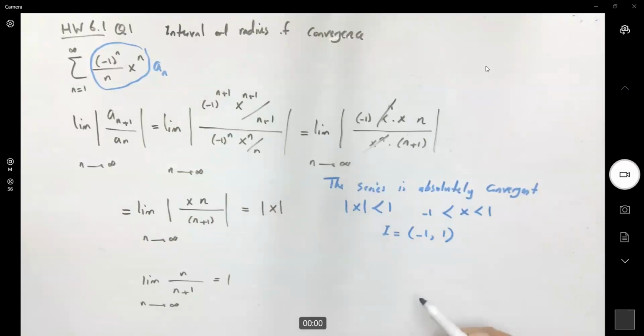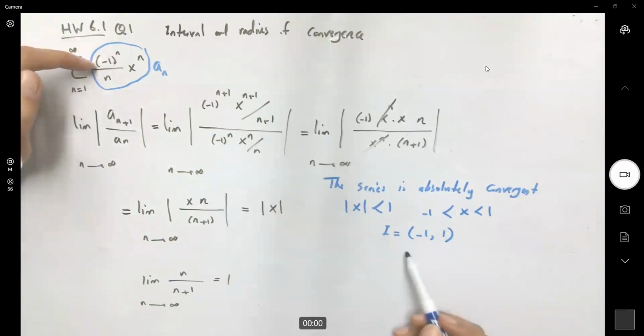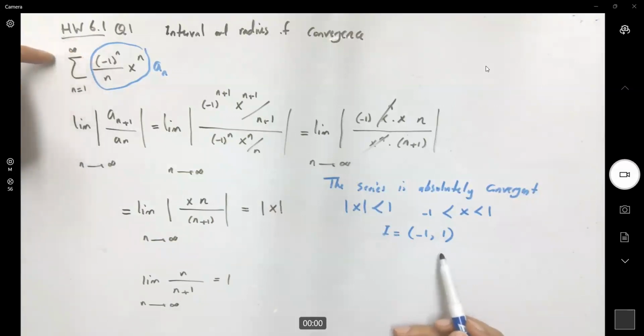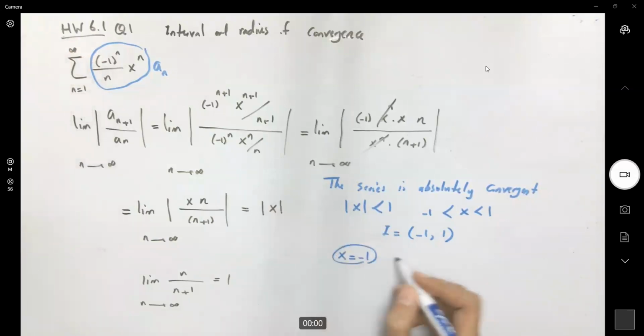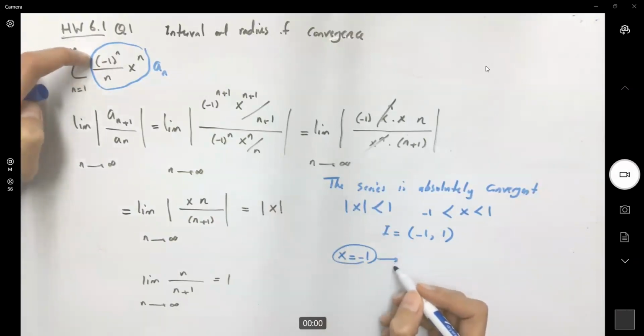Since you have (-1)^n, we need to check the boundary points, like -1 and 1, and see the behavior of this power series at the boundary points. So if x is equal to -1, what would be the behavior of your series?